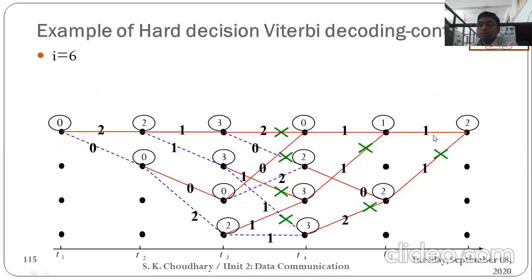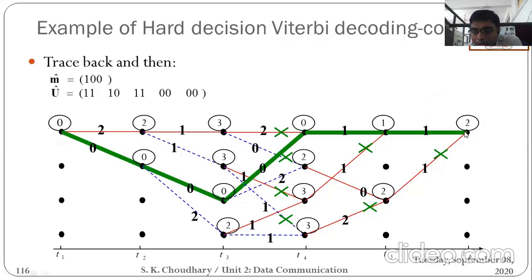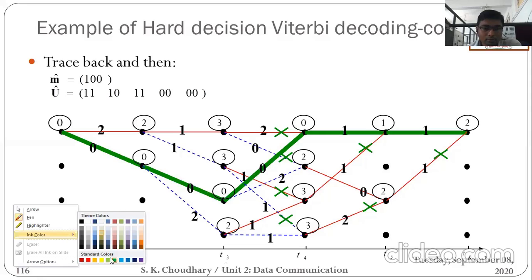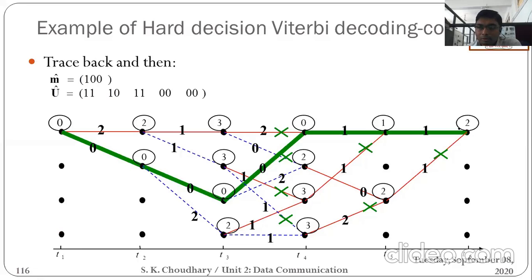Now we have to retrace this value. So when you retrace from the right hand side to the left hand side, you would see the surviving path. The lowest metric path is what? This is the lowest metric path. You can see here, from this representation, 2 to 1 means input is 0, red line.